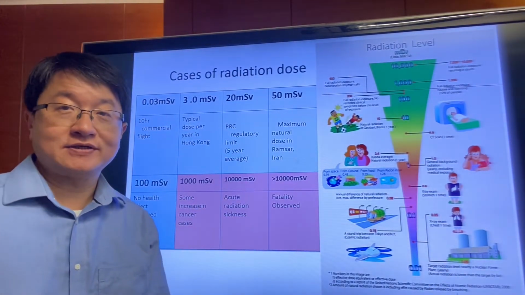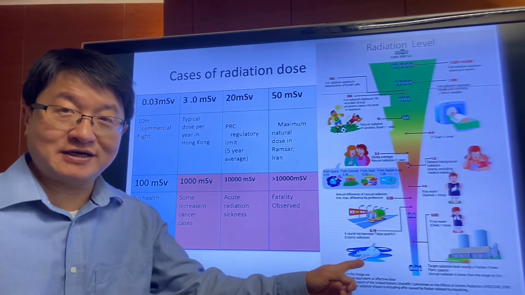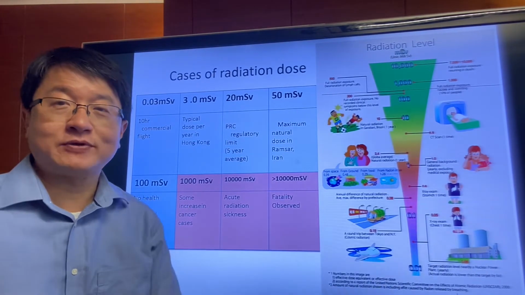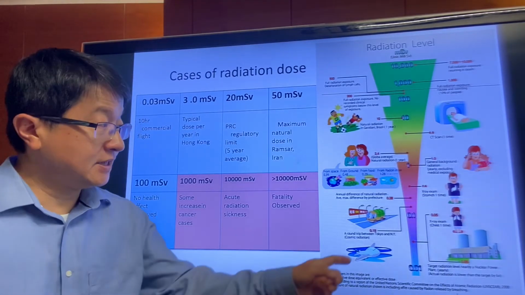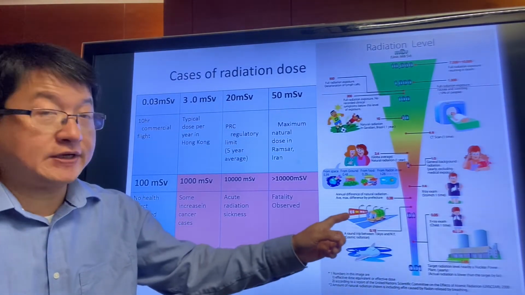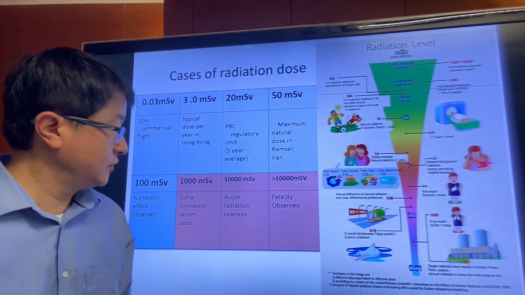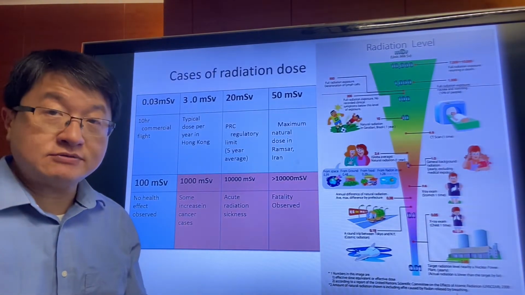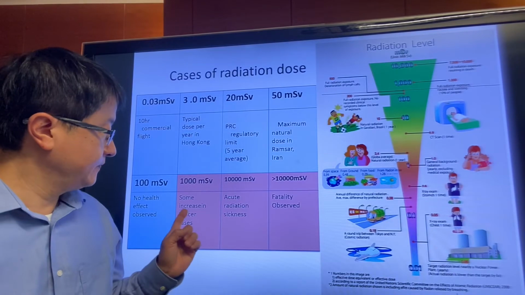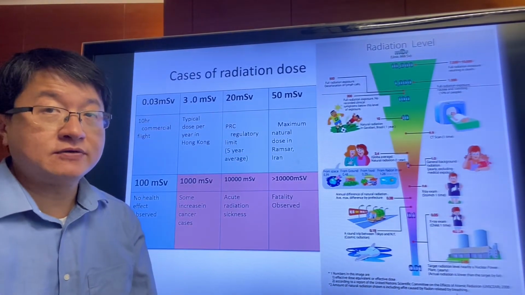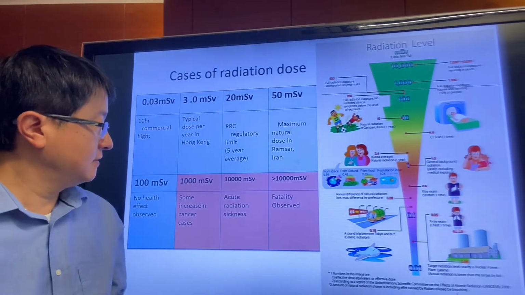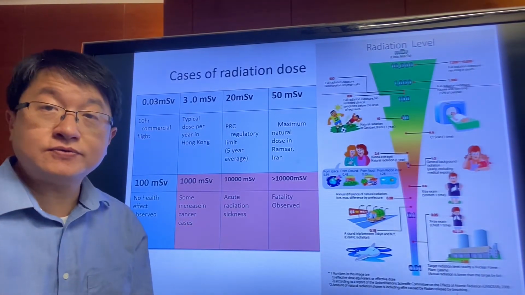So in other words, it's more dangerous to take an airplane than to be exposed to the radiation in a nuclear reactor. But if the exposure is too much, let's say over 1000 millisieverts, which is more than 100 times a CT scan, then it may cause cancer.